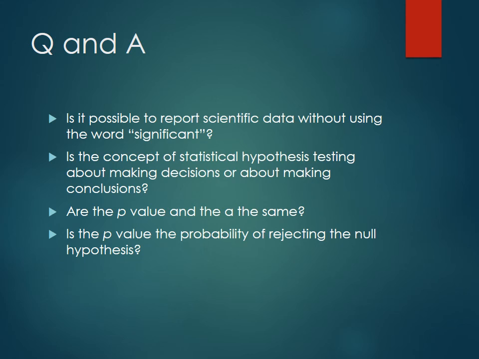No, right? So as you mentioned, alpha is more the bar you set for yourself in order to achieve significance. P-values come from the data itself. Okay. Is p-value the probability of rejecting the null hypothesis? No, it's basically just telling you the probability that these results were due to chance alone.